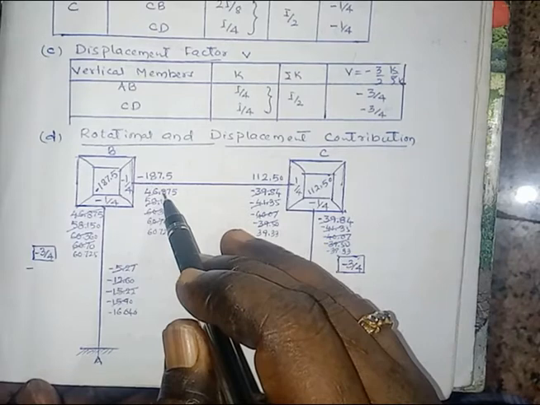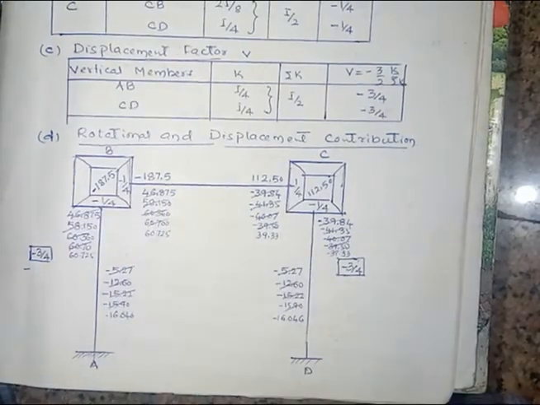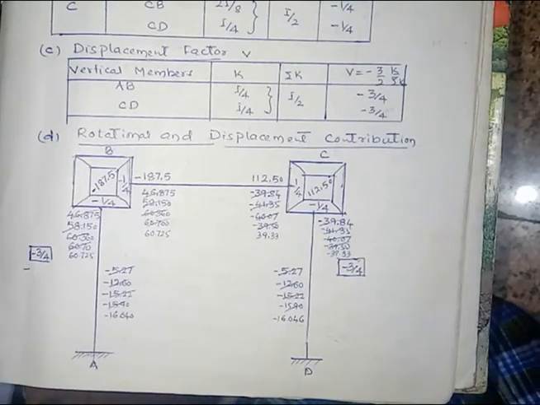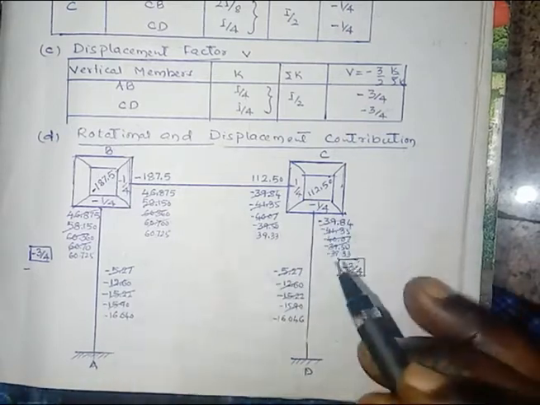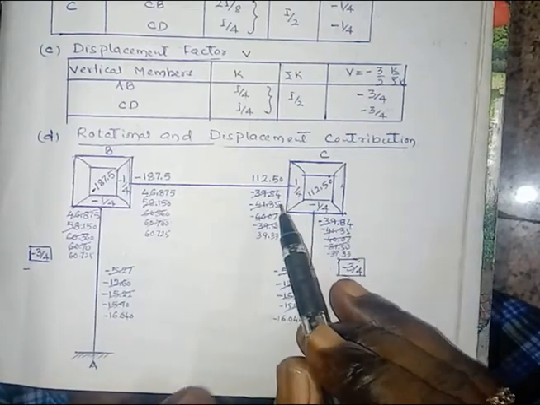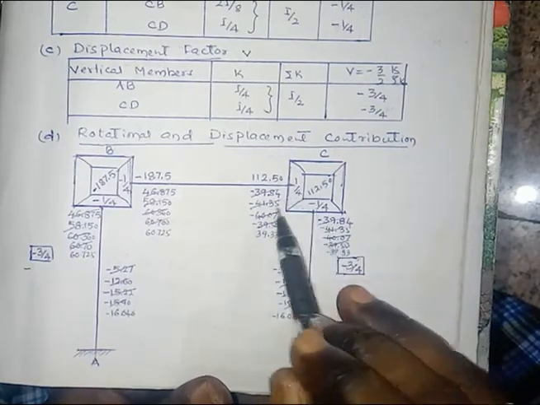You have to write that here. These are the first cycle values of the rotational moment contribution for BA and BC. Then go to the second joint, that is C. Here the rotational factor is minus 1 by 4, which we have written.